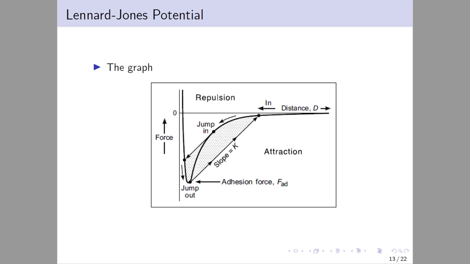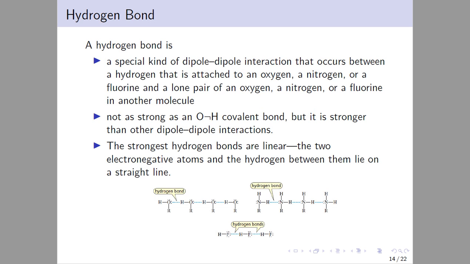So next we have the hydrogen bond. A hydrogen bond is a special kind of dipole-dipole interaction that occurs between a hydrogen attached to an oxygen, a nitrogen or a fluorine, and a lone pair of oxygen, nitrogen, or fluorine in another molecule.